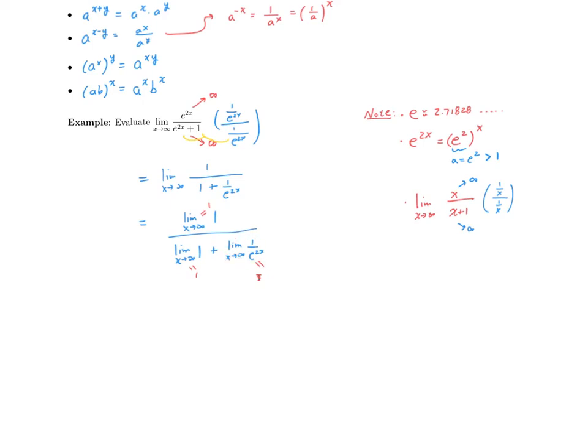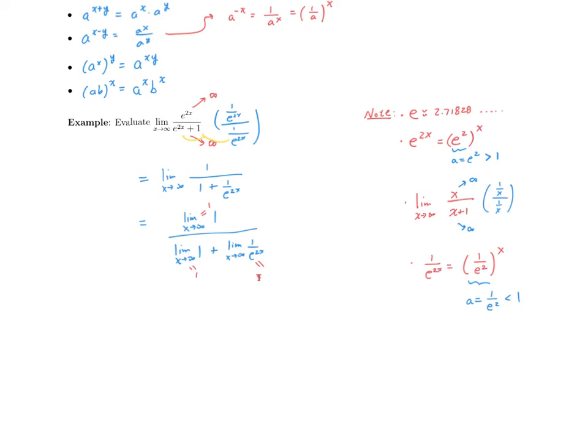But the question remains, what is the value of the limit of this remaining term in the bottom? Let's just write a few details again to the side. 1 over e to the 2x can be written as 1 over e squared raised to the power x, which is an exponential function. And if the a value, the base of the exponential, is 1 over e squared, we have 1 divided by something larger than 1, which is less than 1.